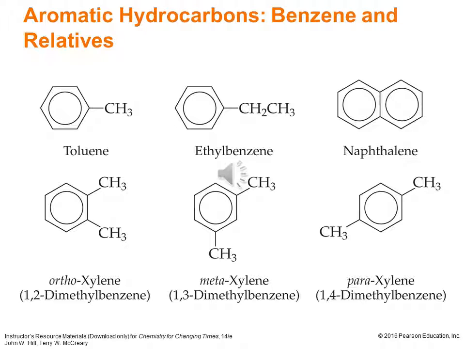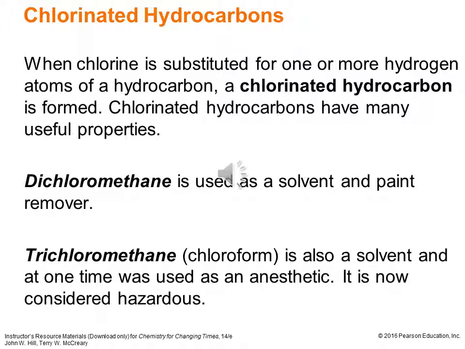Okay, so we encounter it a lot in daily life, and a lot of those old traditional organic names have stuck, even though we have official naming schemes now. Alright, so far we've dealt exclusively with hydrocarbons, so carbon and hydrogen. We can also get chlorinated hydrocarbons, so we're taking a chlorine atom and substituting it for one or more of the hydrogen atoms, and so chlorinated hydrocarbons have many useful properties.